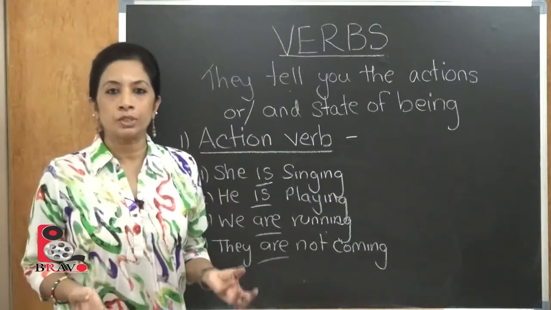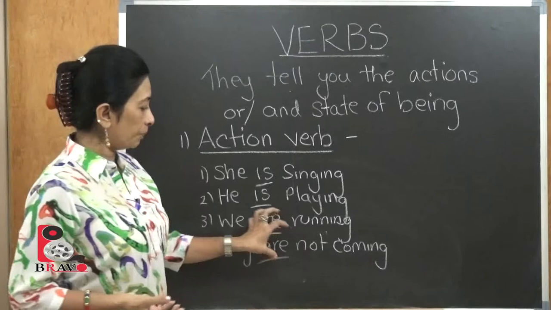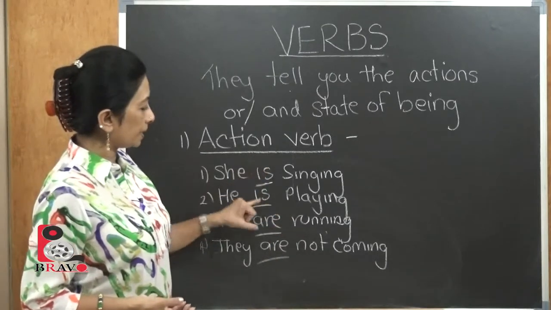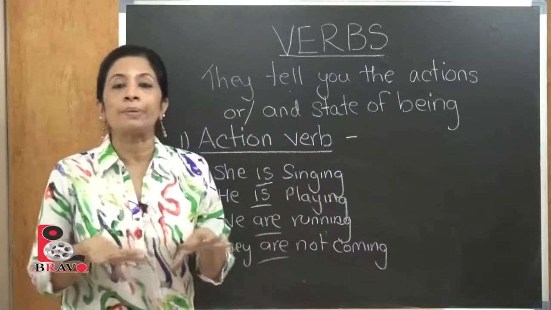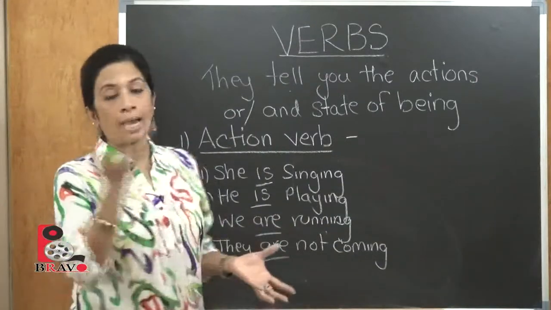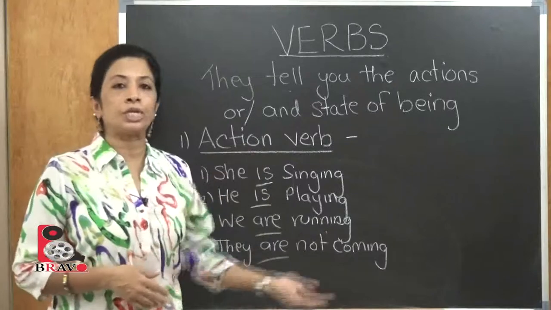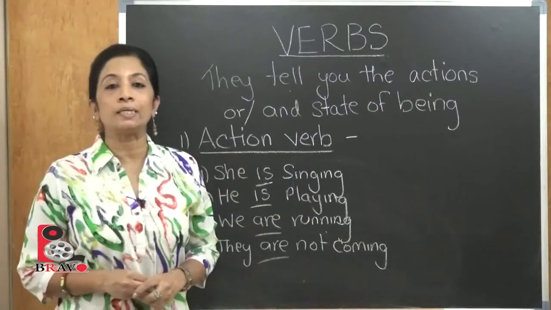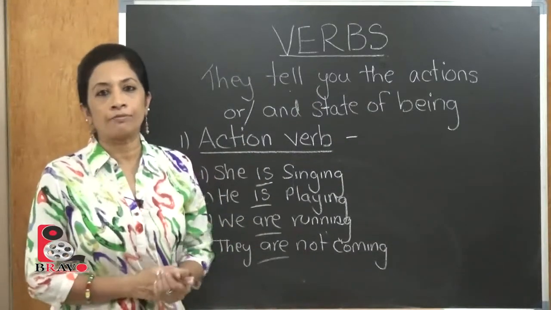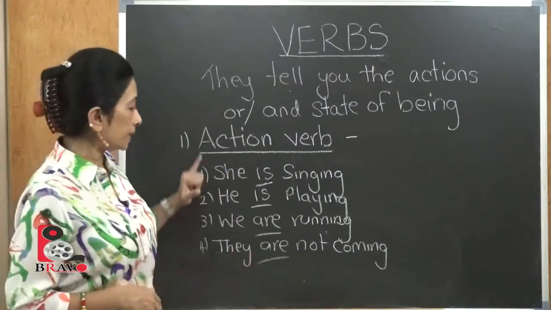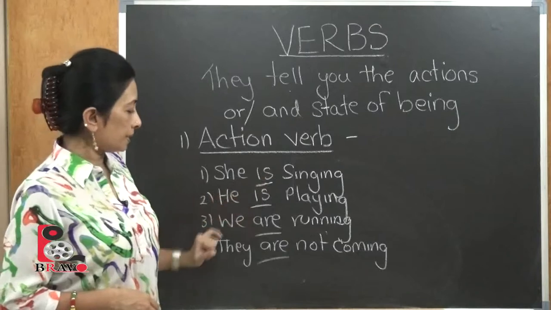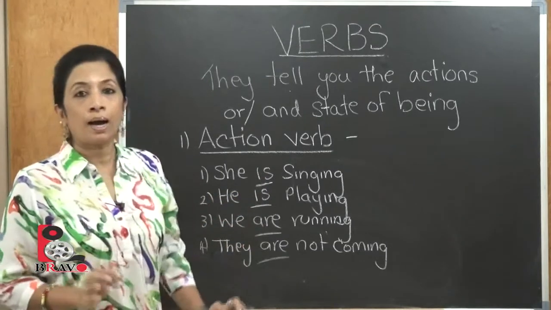The single ones will be is, the plural will become are, because this is present tense, it's happening now. If it happened before or is going to happen, it will change, and we'll come to that a little later on the time scale of verbs. But at the moment, the most important thing to notice is that when it's single, it will be is, and when it's plural, it will be are.